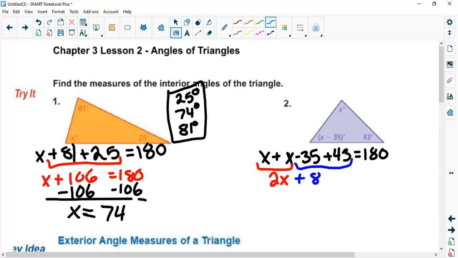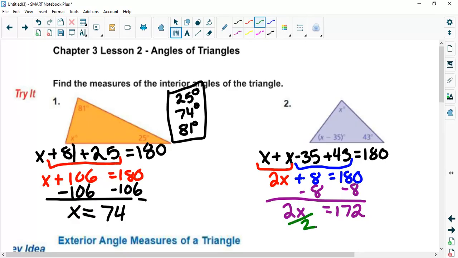This is 8. Next, subtract the 8. Subtract the 8. That becomes 172.